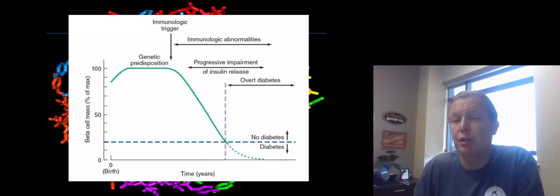This is a result of this progressive loss of beta cell mass. That's what the green line decreasing is telling us, that this individual over time is losing cell mass. When an individual drops to about 20% of their cell mass for beta cells, that's when they will manifest with symptoms of diabetes.